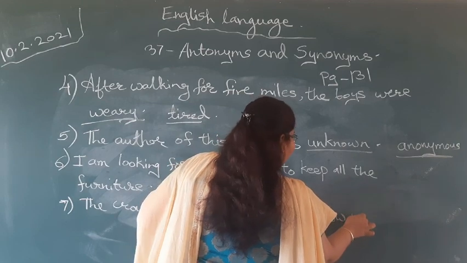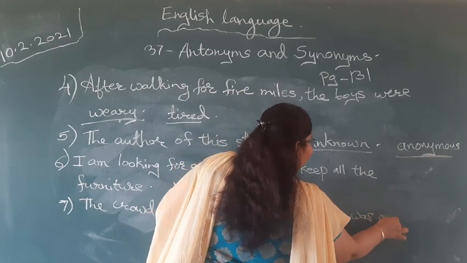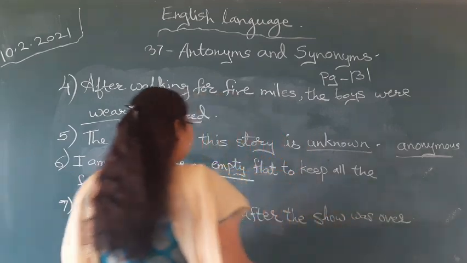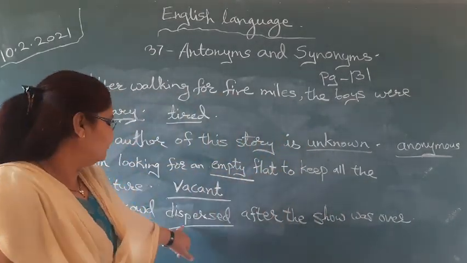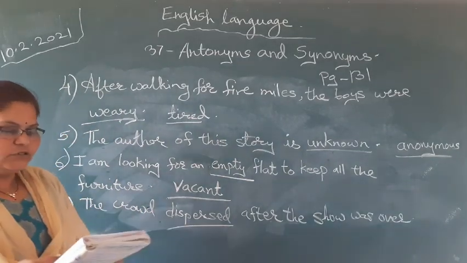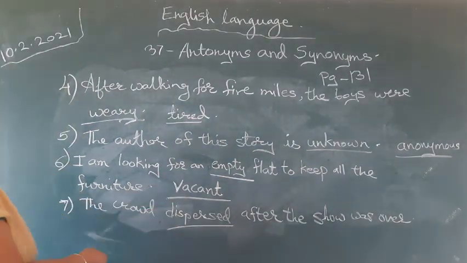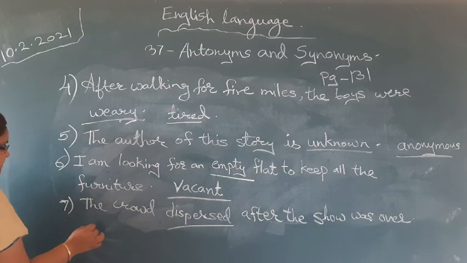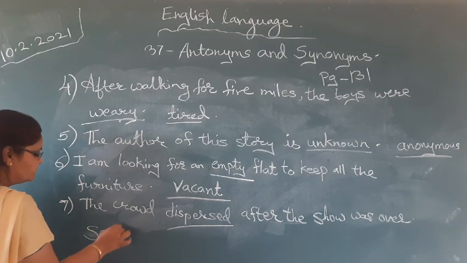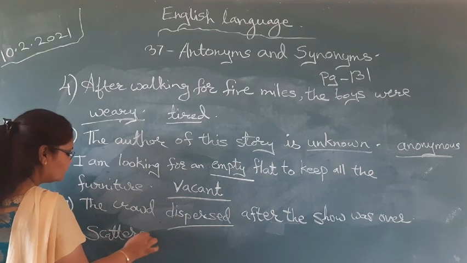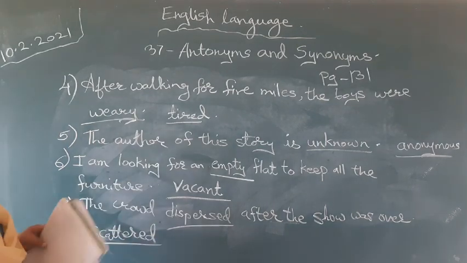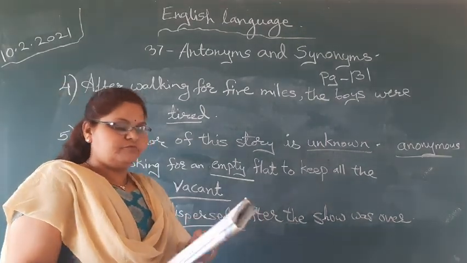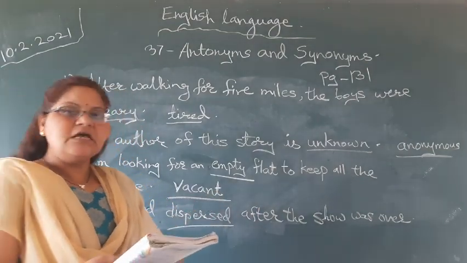Show was over. So when the show was over, the crowd dispersed after the show was over. The underlined word here you can see dispersed. So the other word for that you can say that is scattered. बिखर जाना. Or a simple word you can say that is spread. Most of the times we use the word that is spread.